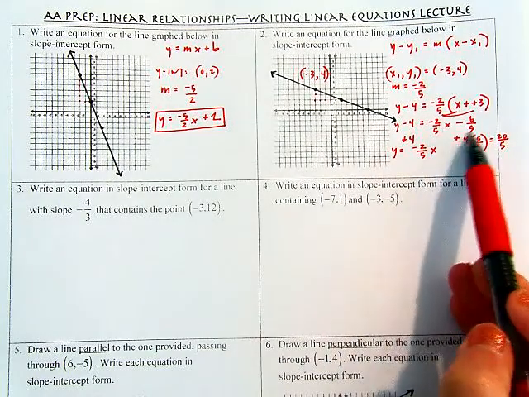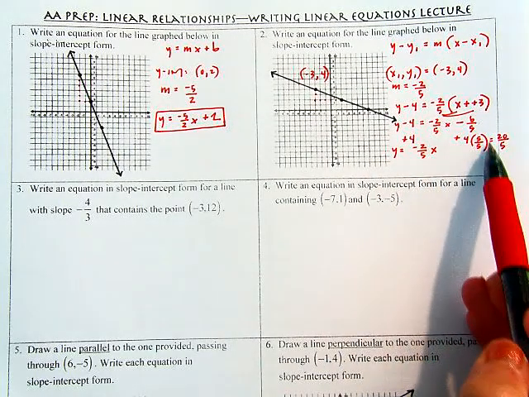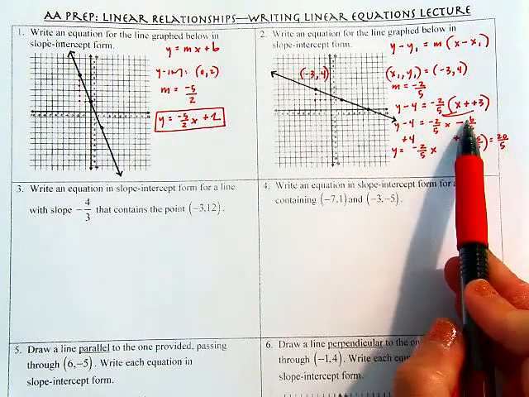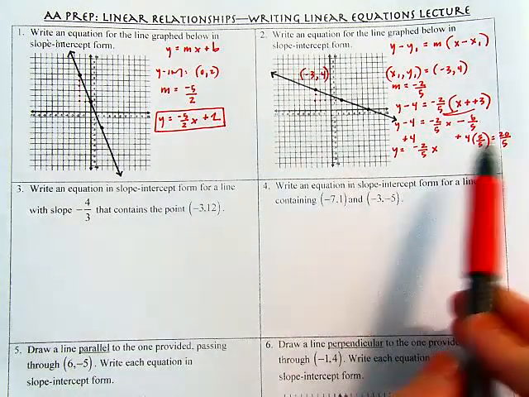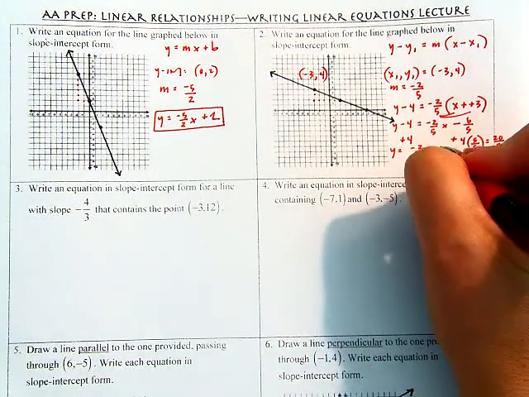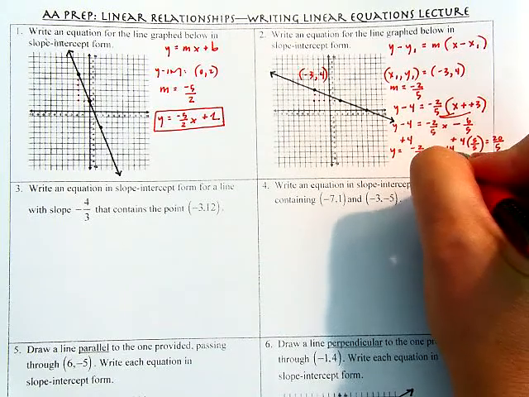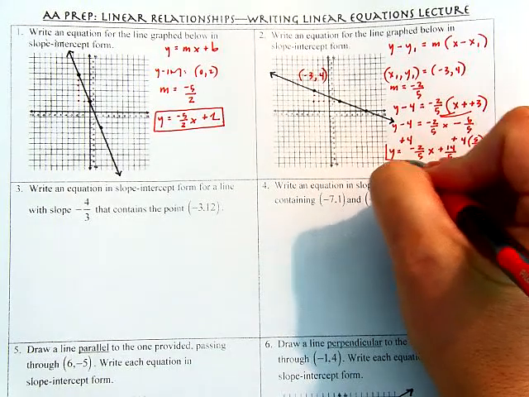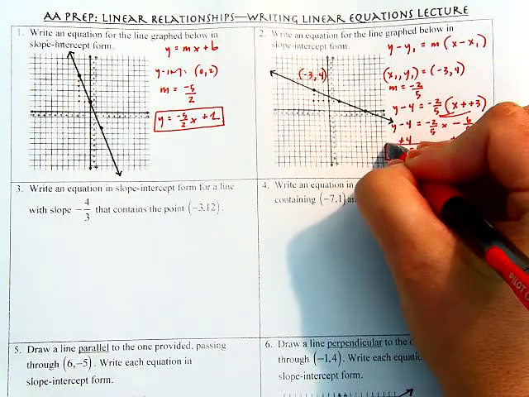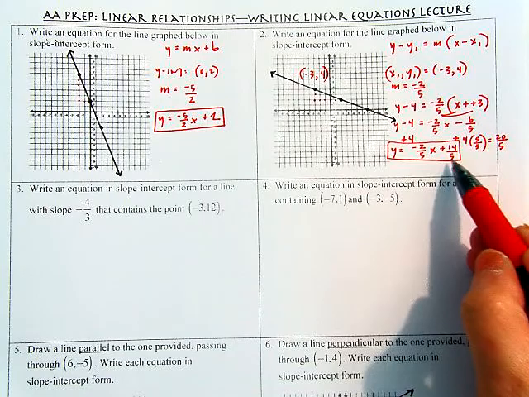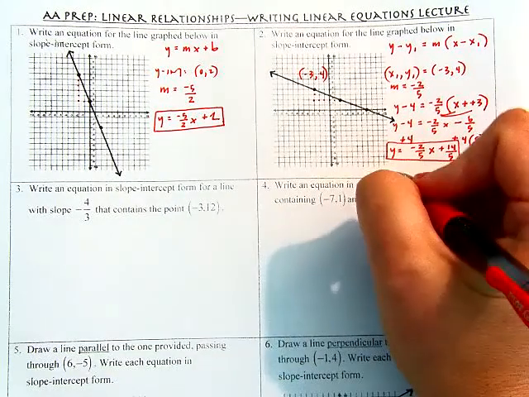So I have 6/5 plus 20/5. They have a common denominator, so I combine them and have 14/5. I could leave it like that. That would be perfectly fine. That's an improper fraction. I could also make it a mixed fraction.